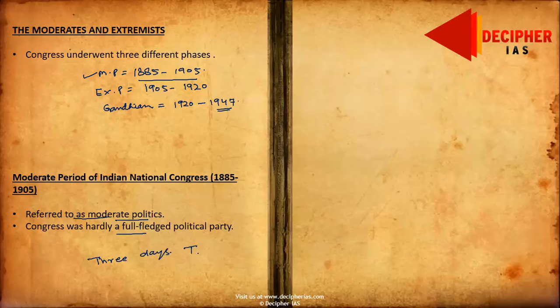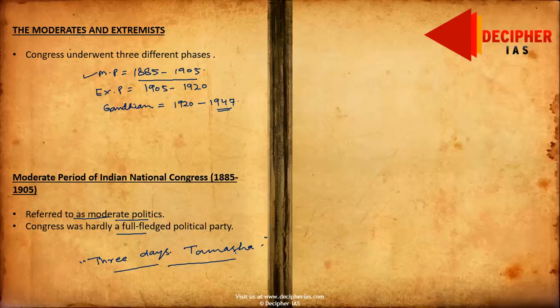And after three days, this tamasha simply disappeared. Its members were mostly part-time politicians who were successful professionals in their personal lives. A thoroughly anglicized upper class, its earlier membership, who had very little time and commitment to full-time politics.